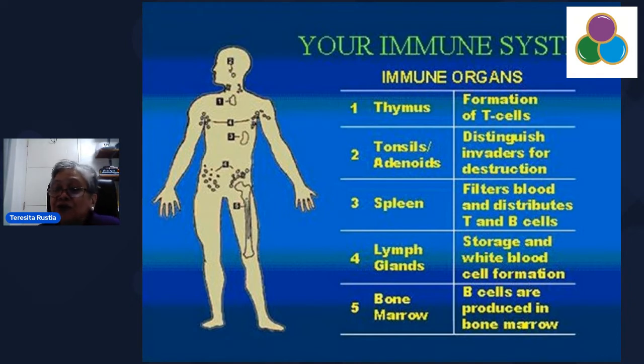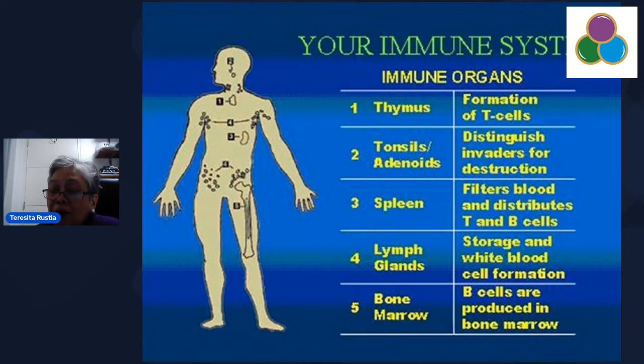Tonsils, rather, they distinguish invaders for destruction. Meaning to say, they are simply like filters before our throat, at the end of our palate. Now, lymph glands are for the storage and maturation of white blood cells.